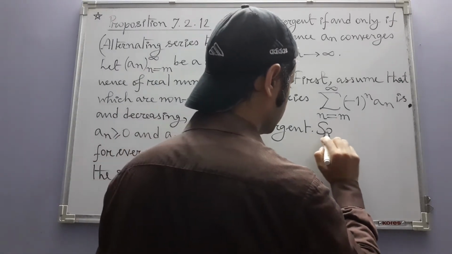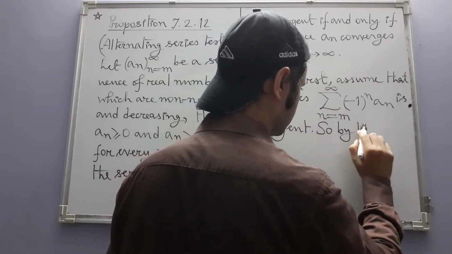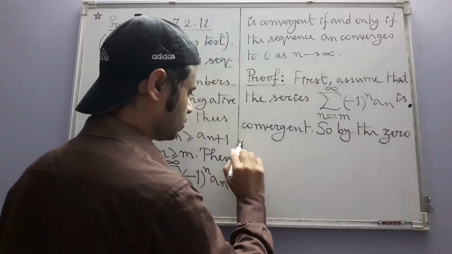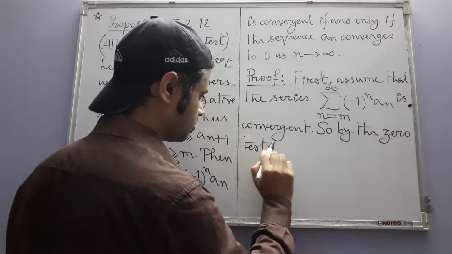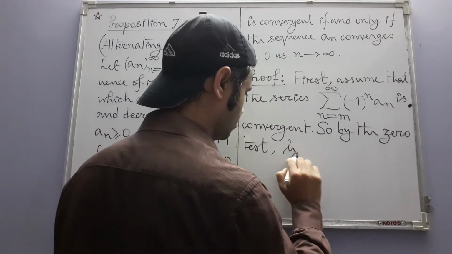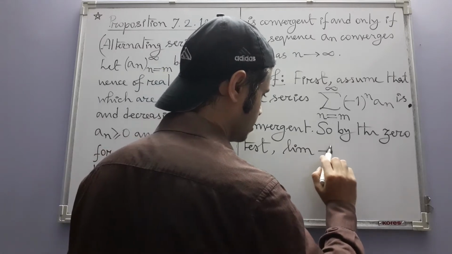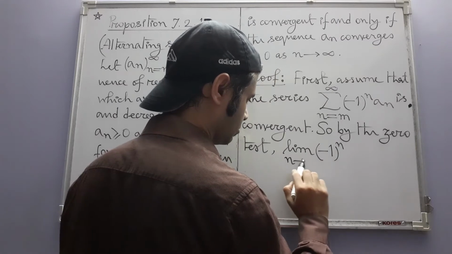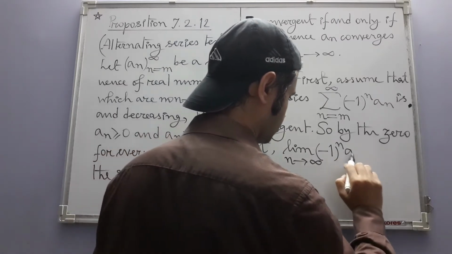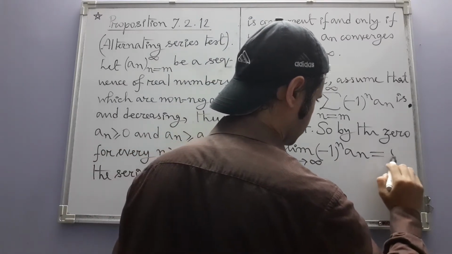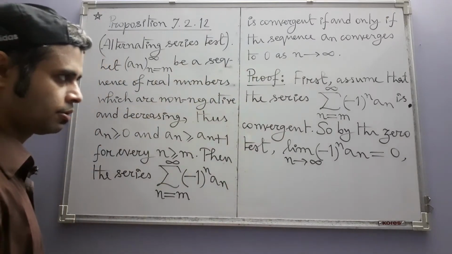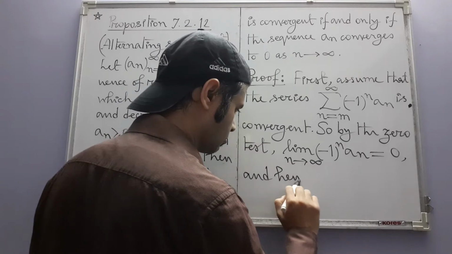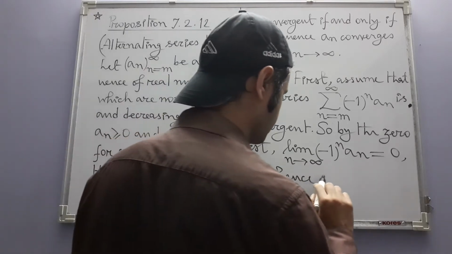So by the zero test, this limit is 0. And hence this limit is also 0.